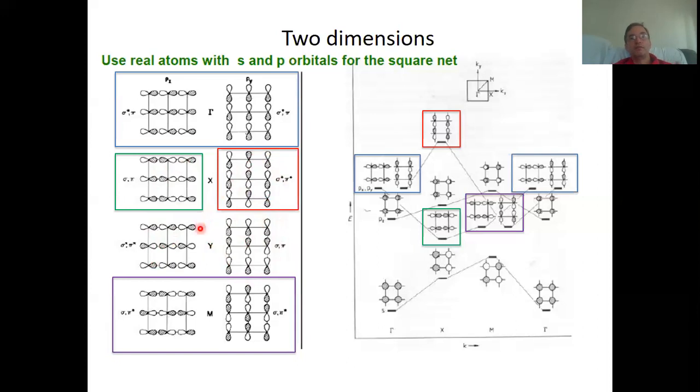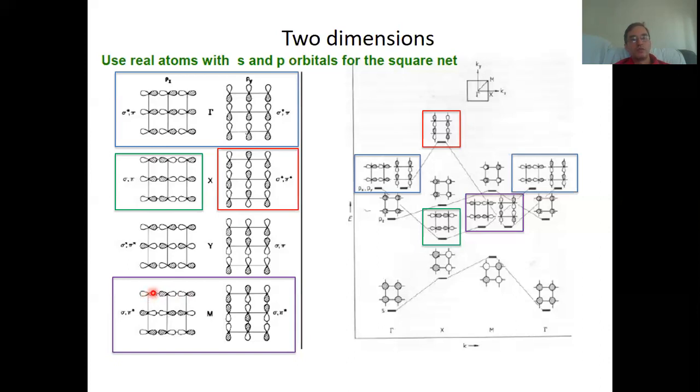So finally, we can also go to the point M. So at the point M, kx is equal to pi over a, and ky is also equal to pi over a. So now we must change the algebraic signs in both directions. Let us look at what that means for the px orbital first.